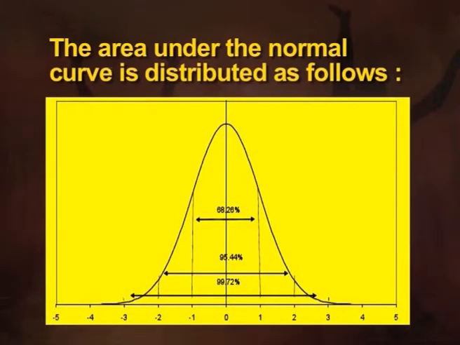Then 95.44% of values of a normal random variable are within plus or minus 2 standard deviations from the mean. 99.72% of values of a normal random variable are within plus or minus 3 standard deviations from the mean.